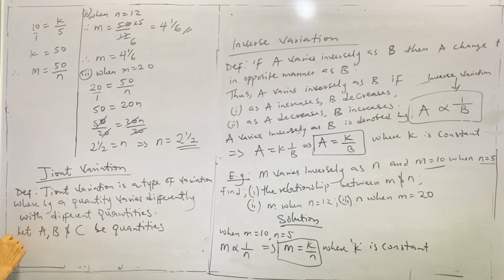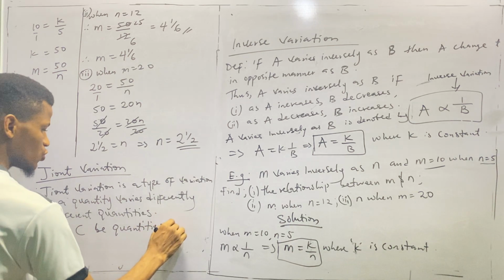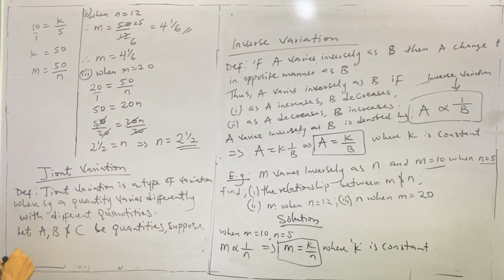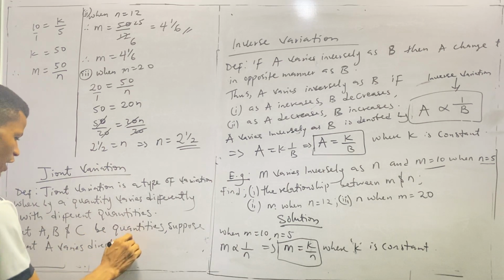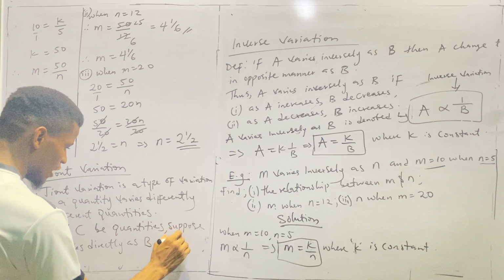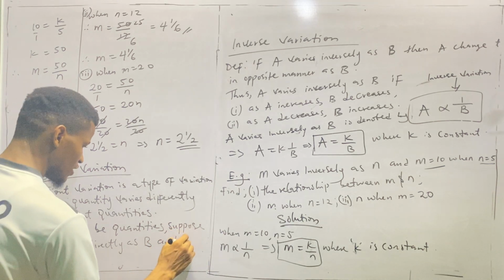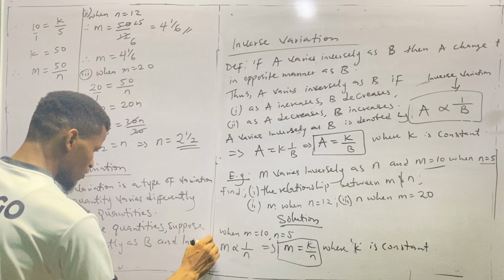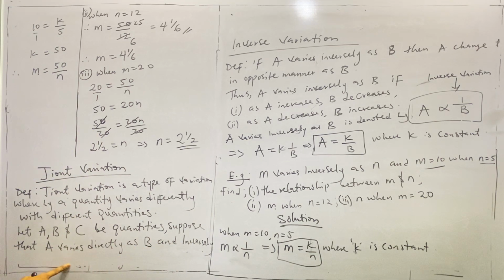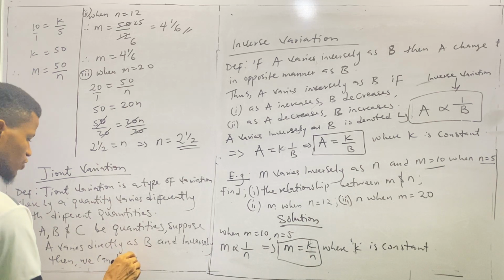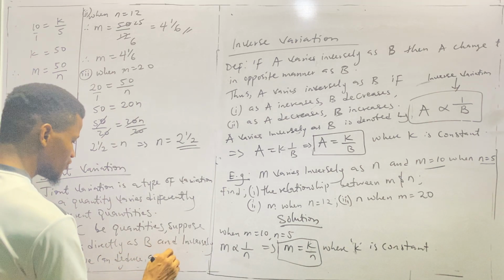Suppose that A varies directly as B and inversely as C. Then we can deduce as follows.